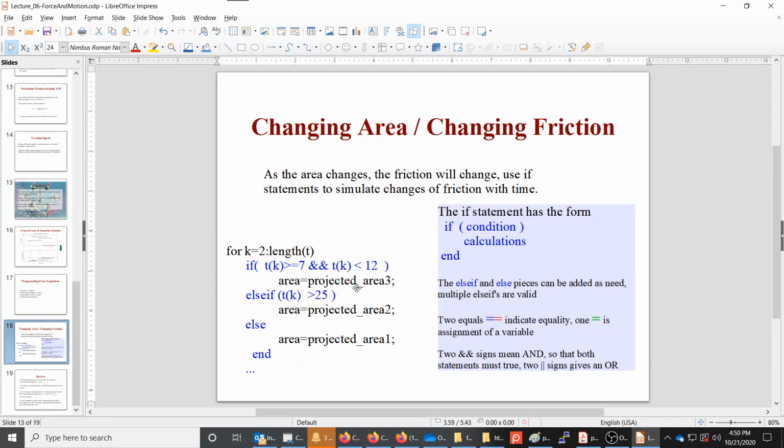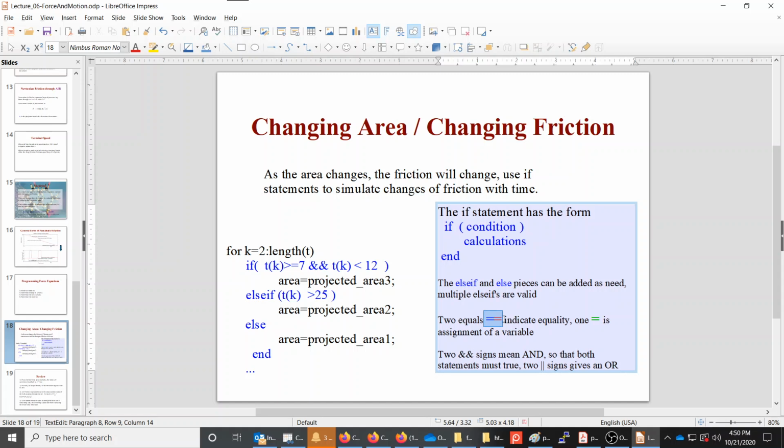Okay. So when you do an if statement here, you can do like I showed before, greater than or equal to or less than, as you can see here. If you want to do an exact equality, notice we used this before with the find command. Two equals together are asking the question, is this equal? A single equal would be an assignment of a variable. So if you want to ask the question, is this variable or value equal to this other variable, then you need the two equals together.